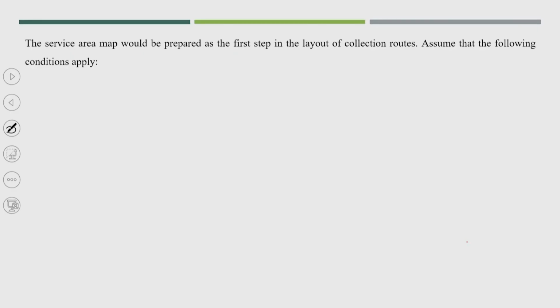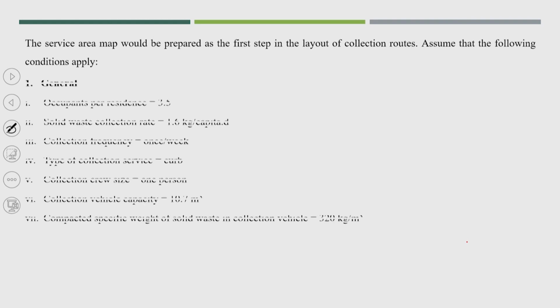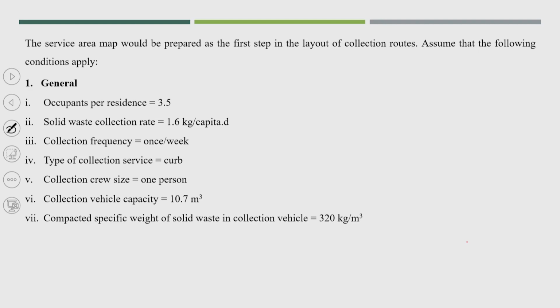The service area map would be prepared as the first step, the layout of the collection route, and assume that the following conditions apply. The occupants per residence: we saw that we have 2, 6 and 12 residences, and for each residence the occupants are 3.5 persons.